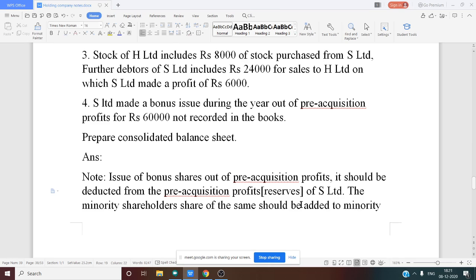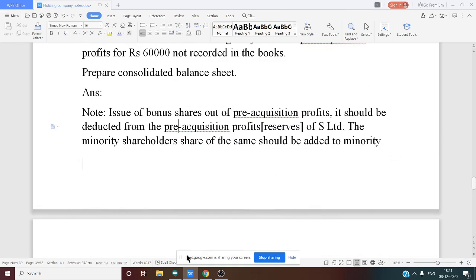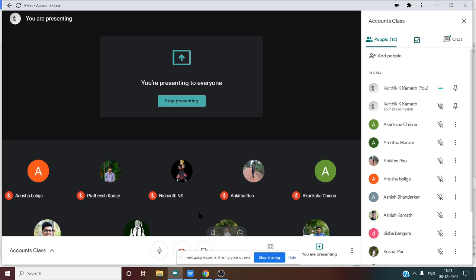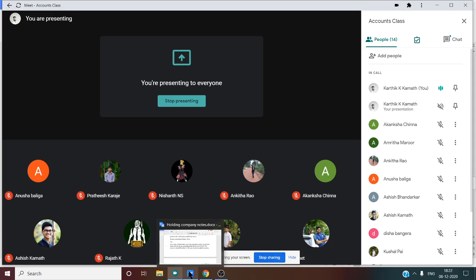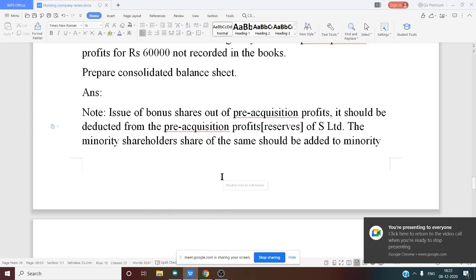Now, the minority shareholders' share of the same should be added to the minority shareholders. Minority shareholder means outsiders' share or third party share. There you have to show the bonus share calculation separately.